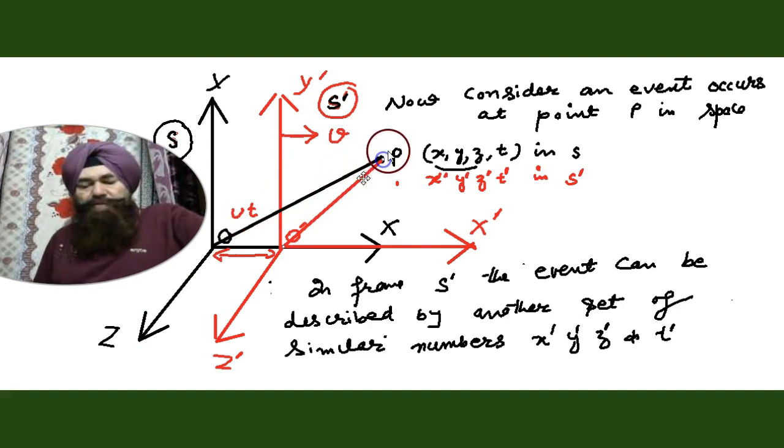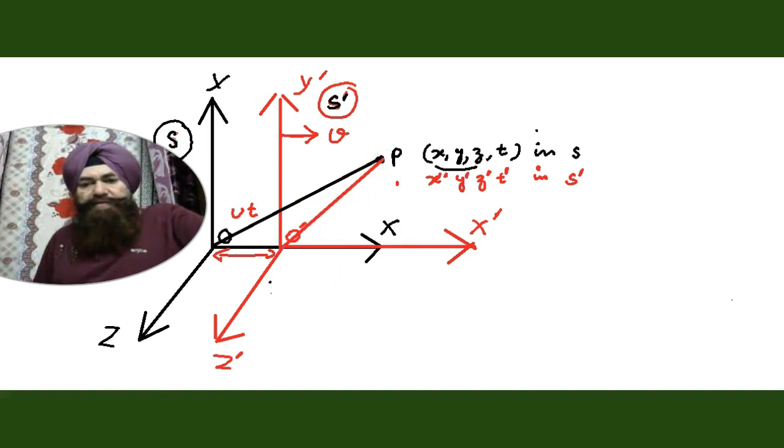Okay, so I am marking this line. This is the position vector of the point P from the origin O, and for the same event, this is the space coordinate from O dash. Then I draw a perpendicular from this point on the x or x dash axis, right?